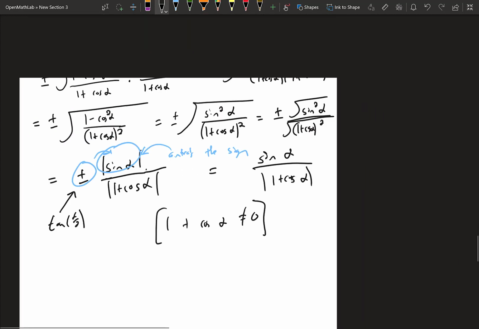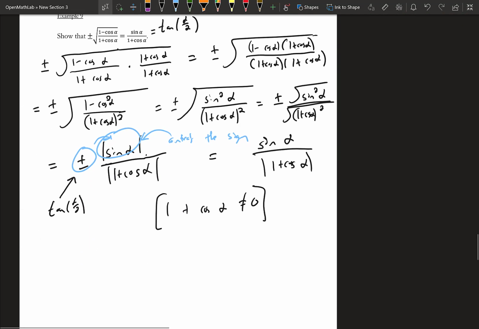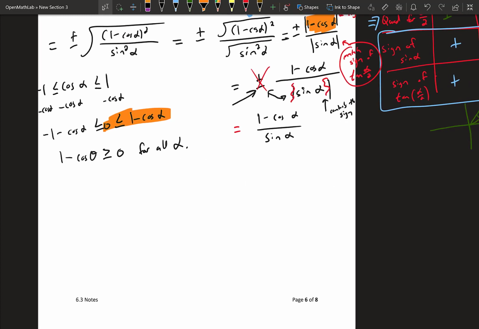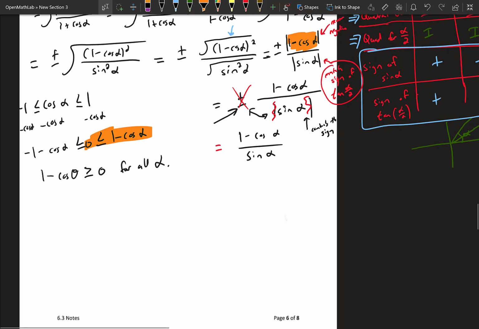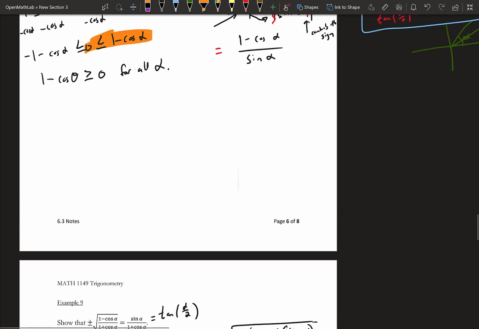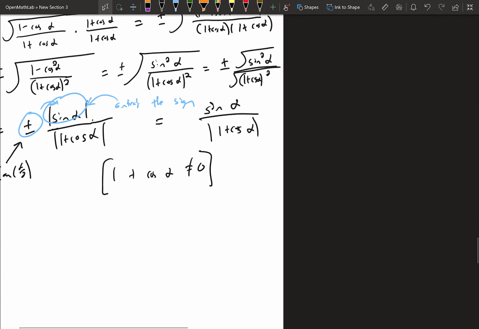And we found from our work in the previous one that 1 minus cosine of alpha... well, we're trying to find how 1 plus cosine of alpha would look.